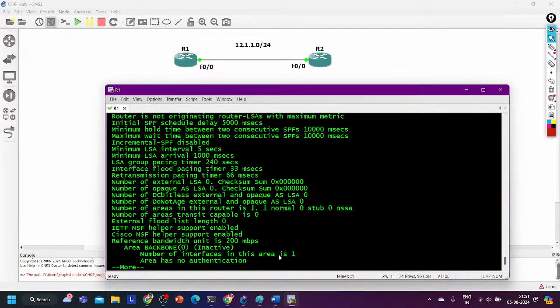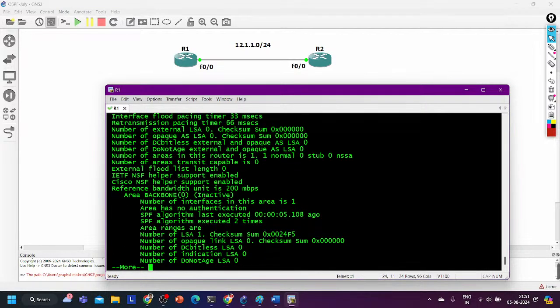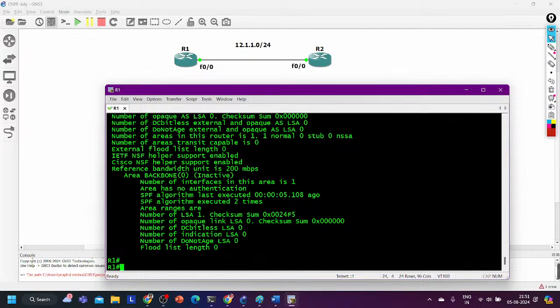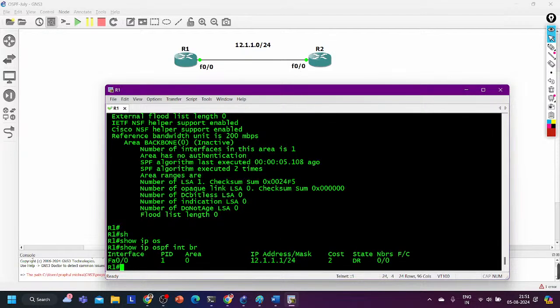What is the reference bandwidth now? Yeah, 200. Show IP OSPF interface brief. Cost is changed, right? 200 divided by 100, reference bandwidth over bandwidth of link.